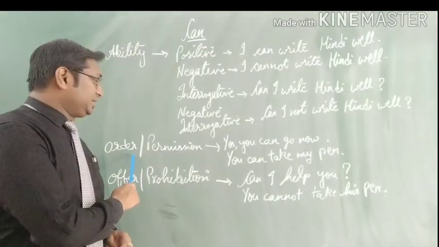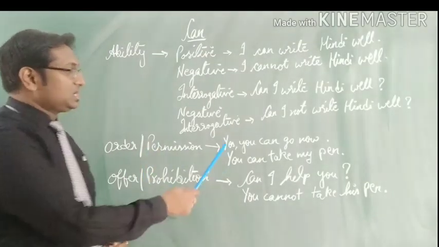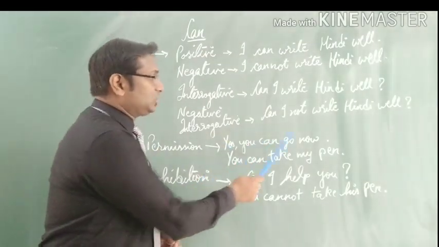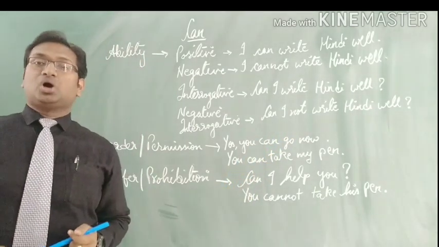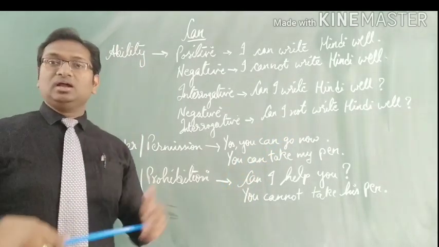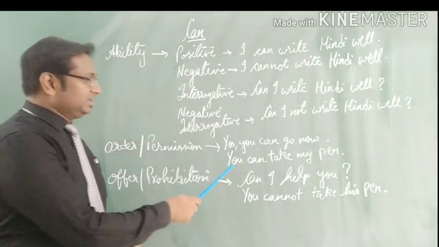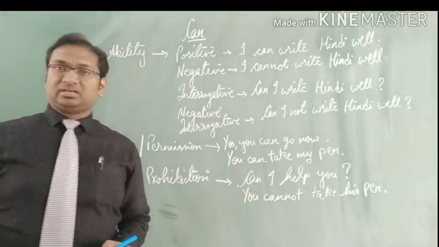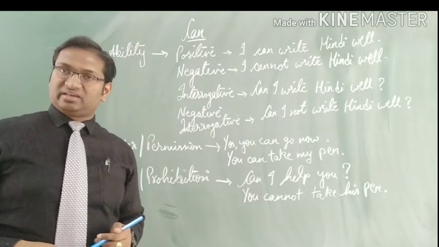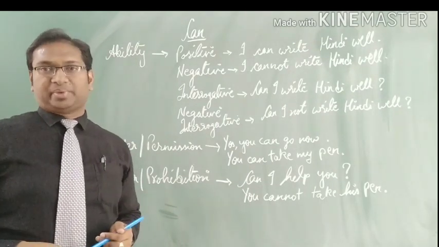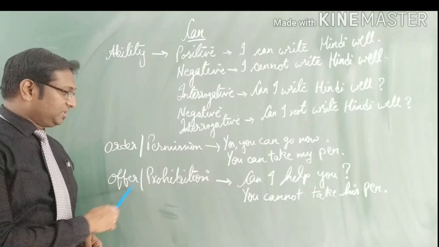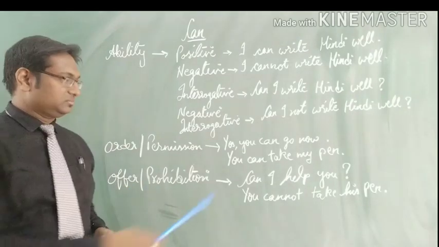Now, next is order and permission. Yes, you can go now. This is order. That you are telling someone that you can go now. Second, you can take my pen. This is permission. You are giving permission to take the pen. Next, offer and prohibition.